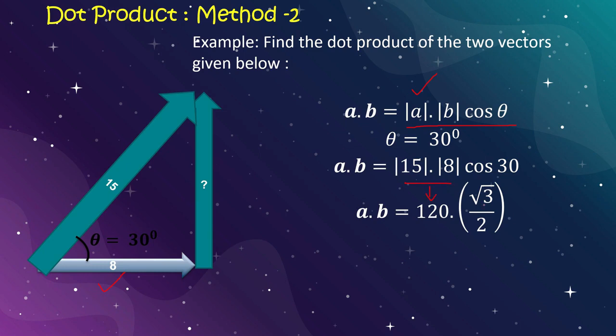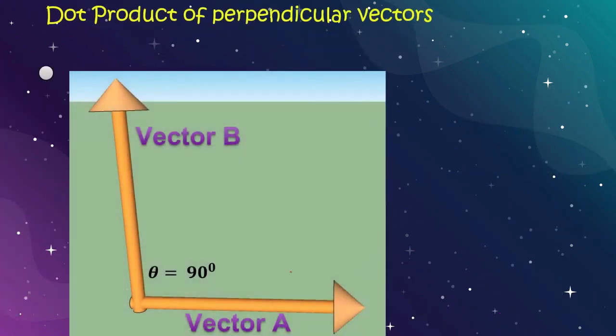Cos of 30 is square root of 3 by 2. If we further solve it, we will get 60 into square root of 3, which is a value around 104. Like this also we can find out the dot product.